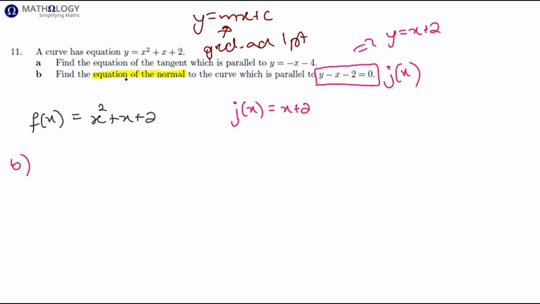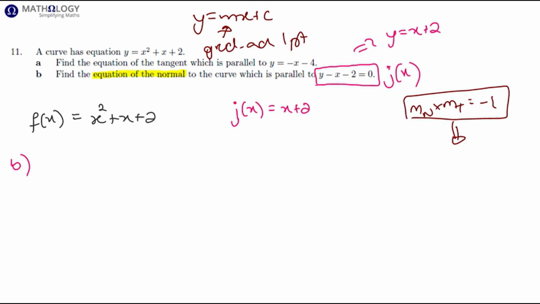Since we're required to find the equation of a normal, we need to find the gradient of a normal. The gradient of a normal times the gradient of a tangent is -1. So the first thing we need to do is find the gradient of the tangent, and we need to find this point again. We're not given an explicit point, so we need to find what that point of contact is.